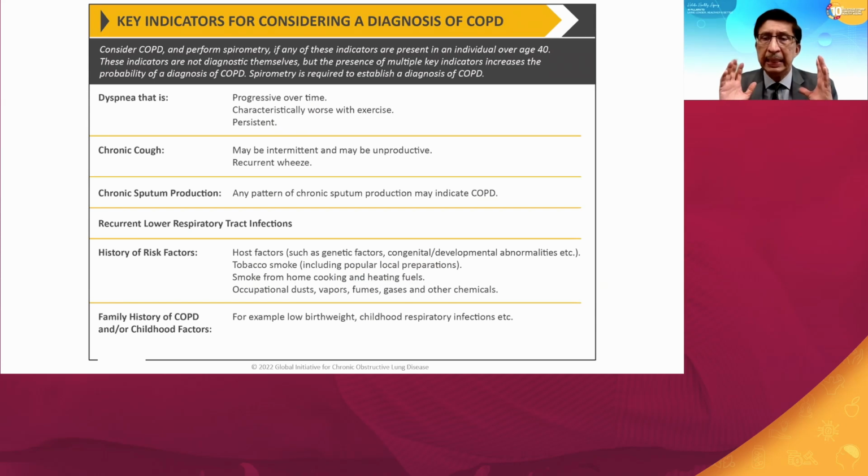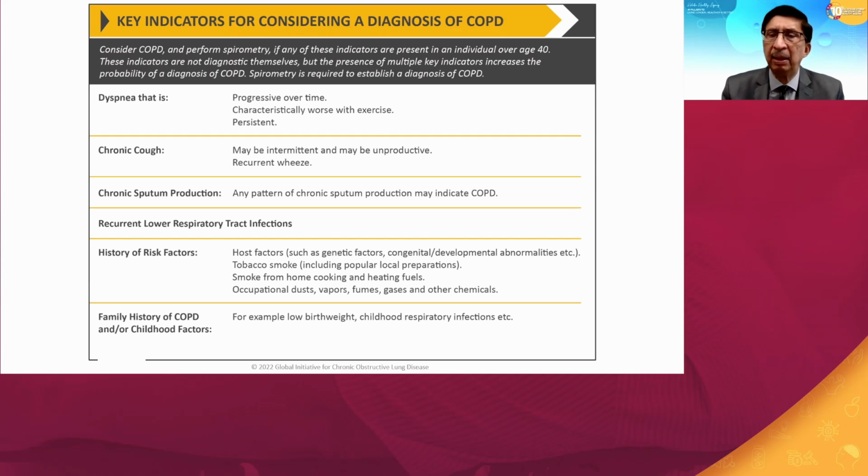One of the main indicators they have made for the diagnosis of COPD is the first three: dyspnea, chronic cough, and sputum. If you have dyspnea that is progressive with time, worse with exercise, associated with a cough that may be intermittent or unproductive, with any type of sputum production, we are already thinking about a diagnosis of COPD.